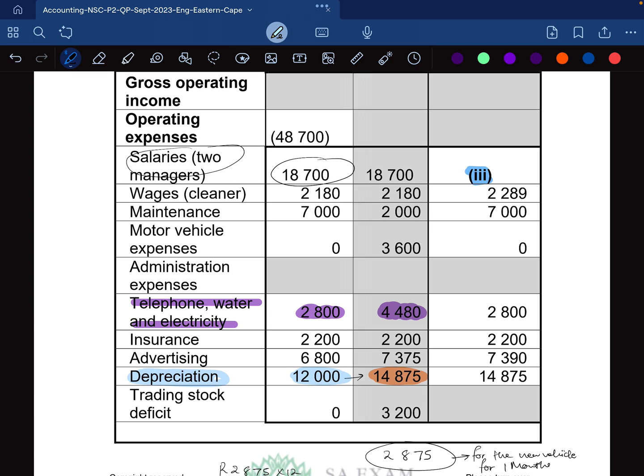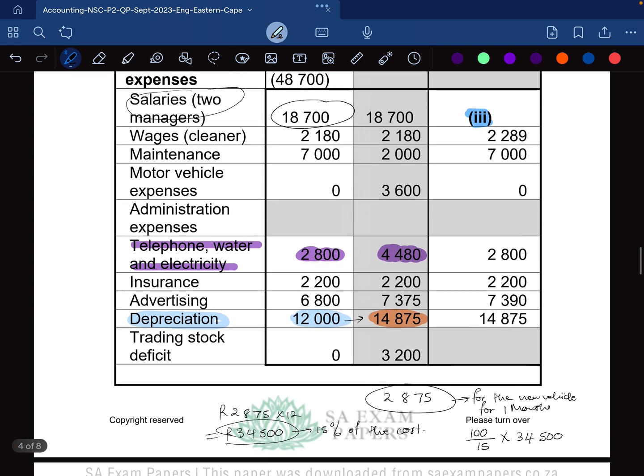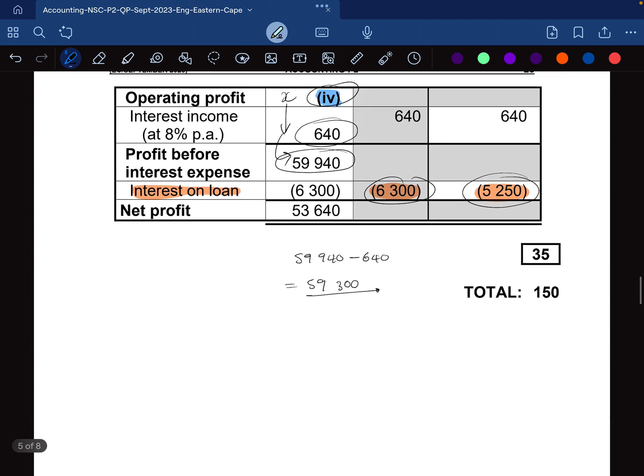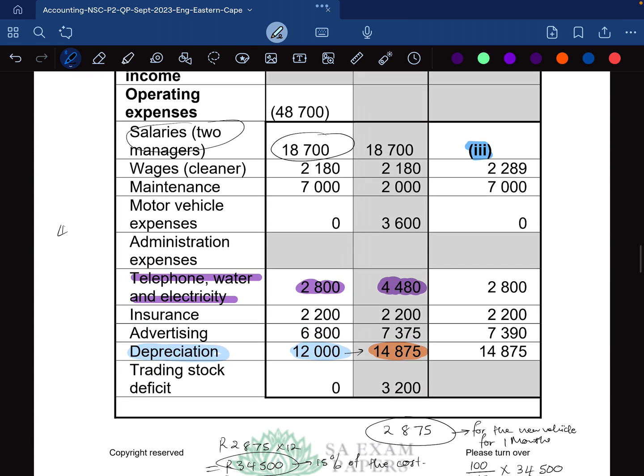So we need to calculate the difference that we have overspent by. So it's 4,480 minus 2,800, that is 1,680.